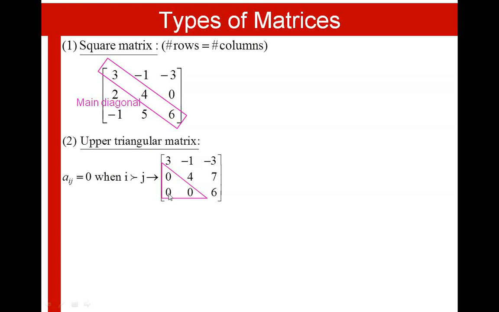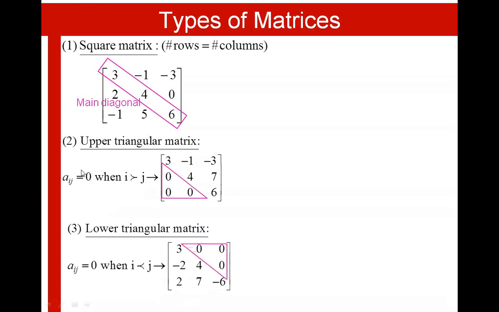A31, 3 is greater than 1, therefore the element is 0. A32, 3 is greater than 2, therefore the element must be 0. Here the element is 3, it shouldn't be a 0. It can be if it happens to be by a certain calculation. But in order to be an upper triangular matrix, it has to satisfy the way it is shown here.